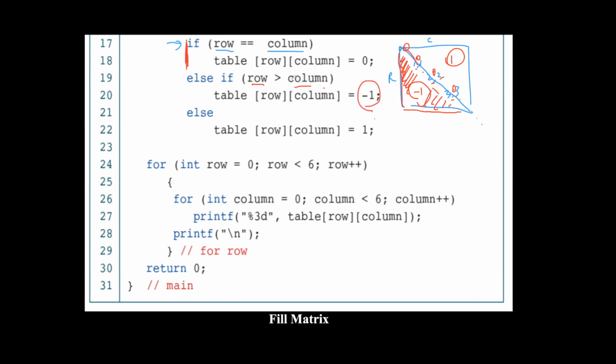Similarly, if column is greater than row, then we set everything to a value of 1. We don't even need an else if, because we already know there are only 3 conditions: you have 0, 1, or -1. So if you take care of the 0 condition and the -1 condition, the other one is the else. Everything else would have a value of 1.